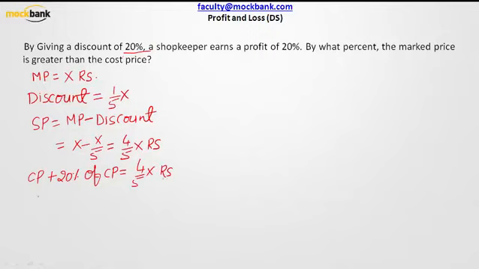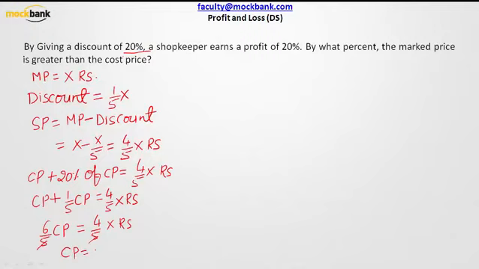So see this, 20% becomes 1 over 5 of CP. This comes out as 4 over 5 x rupees. That means 6 over 5 times the cost price equals 4 over 5 times the marked price in fact. So 5 gets cancelled from numerator and denominator, and what do we have?